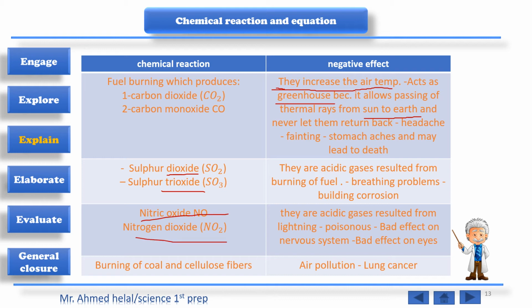They are acidic gases resulting from lightning, poisonous, with a bad effect on the nervous system and on the eyes. Burning of coal and siliceous fibers cause air pollution and lung cancer. So they have a very bad, negative effect.